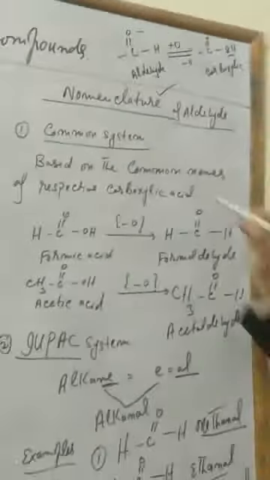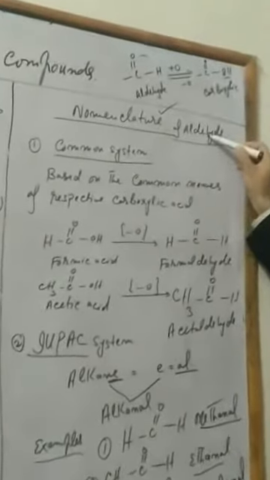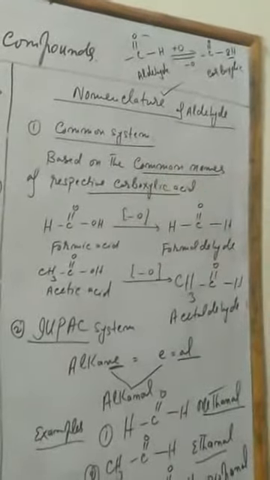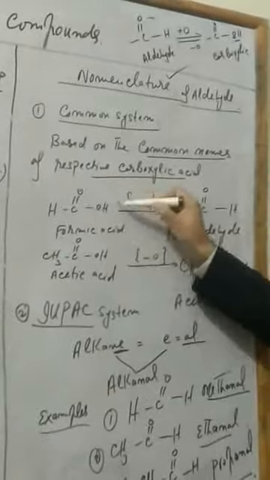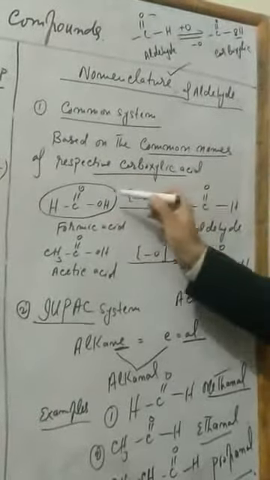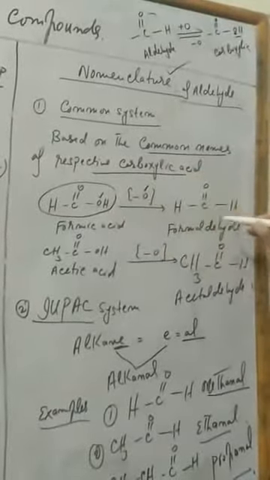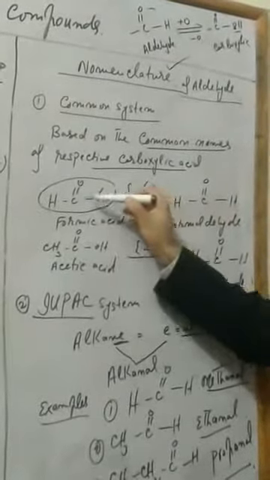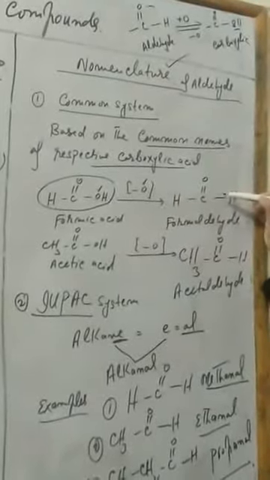That's why the common name of an aldehyde is based on the common name of the carboxylic acid. Here I will take some examples. This is formic acid. Now I remove this oxygen from here, and I get the aldehyde.